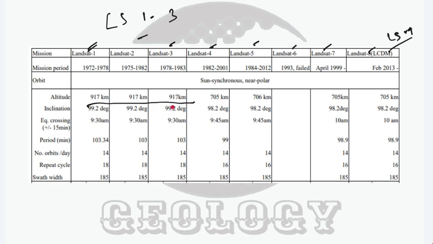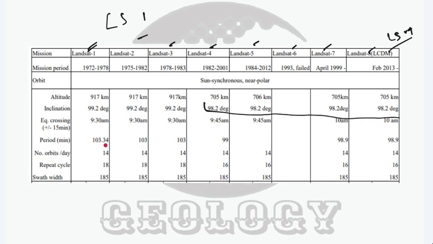The altitude is 970 for Landsat 1, 2, 3, and from 4 to 9, the altitude is 705 kilometers. Okay. These are polar satellites. Remote sensing satellites means polar satellites. Inclination is 99 degrees, 99.2 degrees, and 98.2 degrees.